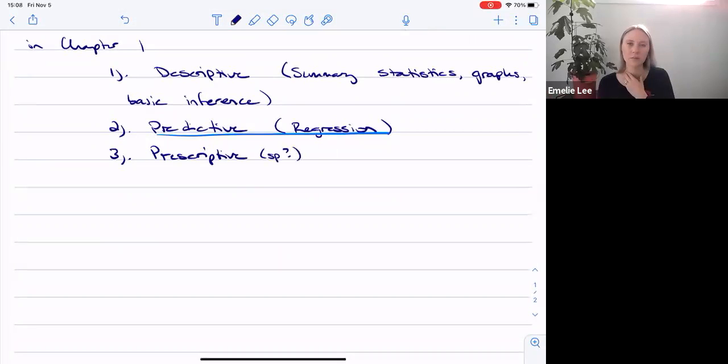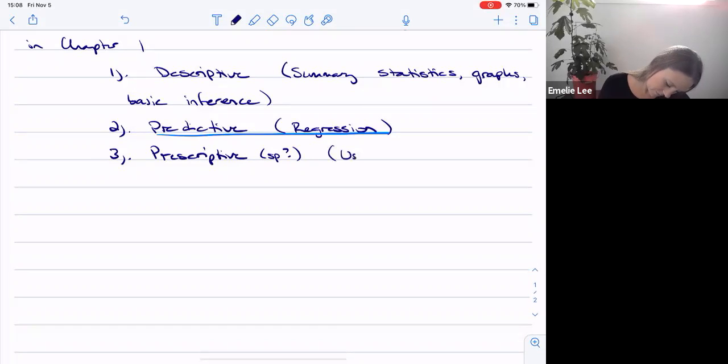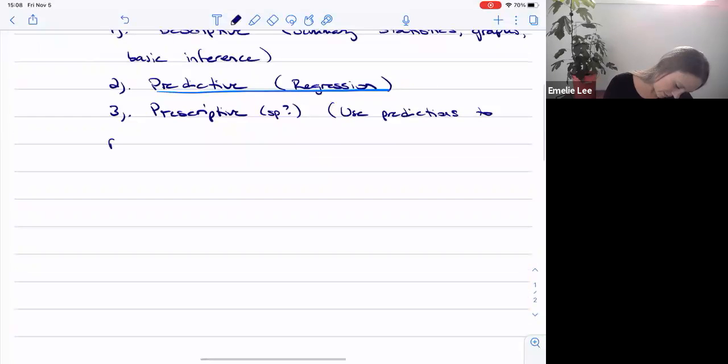That's when we use predictions to prescribe a decision.